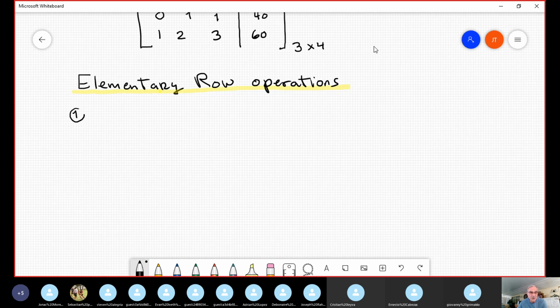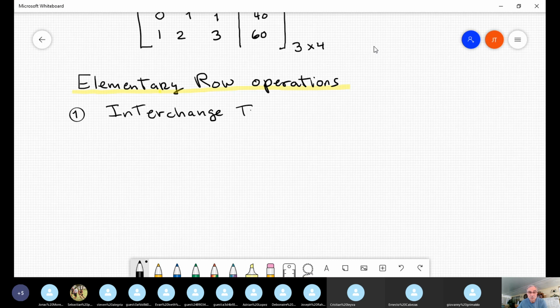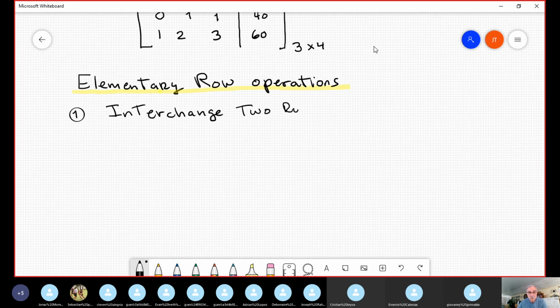The first one, which is super easy to understand, is when you interchange two rows. And this idea is perfectly valid, because we have a system. So I call equation 1, equation 2, equation 3, equation 4, equation 25. Suppose I interchange number 1 and 25.